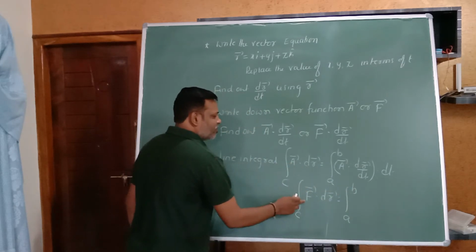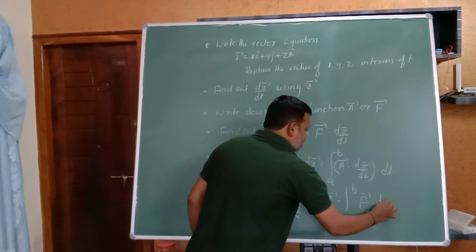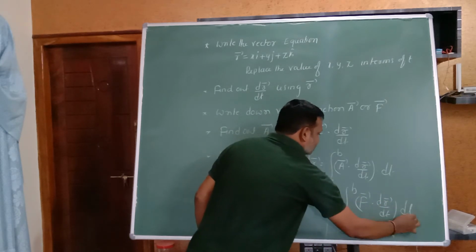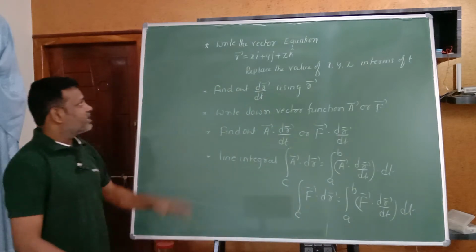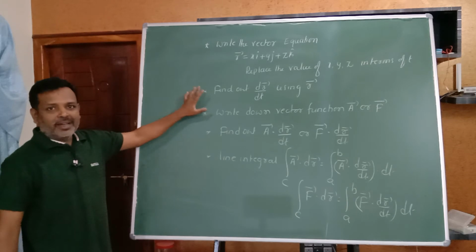Instead of A, we have taken force here. That is F vector dot dr by dt into dt. Got my point?